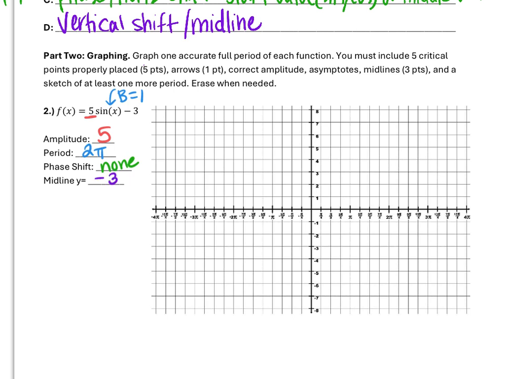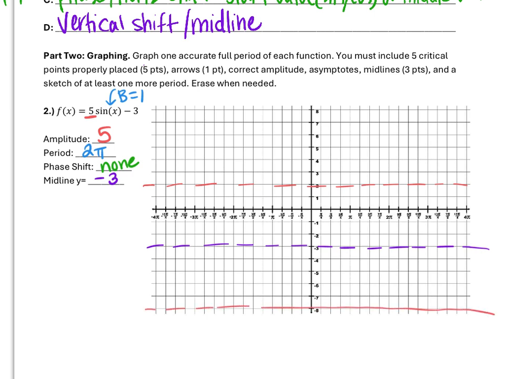So I'm going to start by graphing my midline, which is at -3, so down here. And then I can sketch in my amplitudes because I know I'm going to go 5 up and 5 down from those midlines. So my high points will hit +2, and my low points will hit -8.